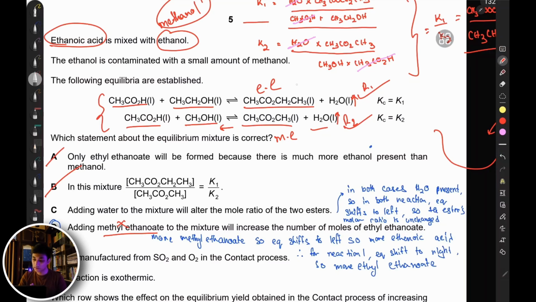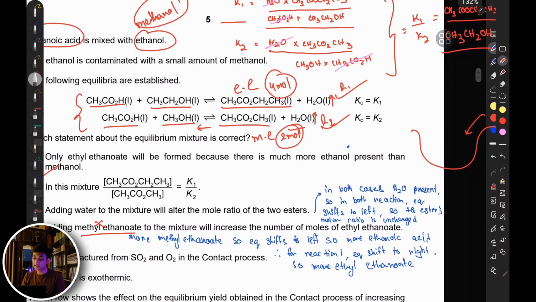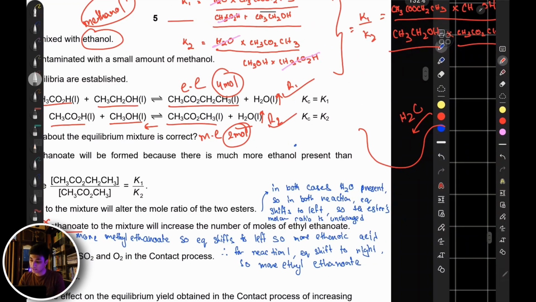Let's say the amount of ethyl ethanoate is 4 mole, and the amount of methyl ethanoate is 2 mole, after both reactions have reached equilibrium. Now, what will happen if water is added? Let's add H2O.